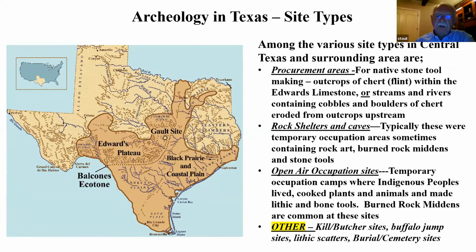Now, we do have a very famous burial and cemetery site here in Kerr County. I can't think of the name right now, but it's in northern Kerr County. It was evaluated by the University of Texas back in the 70s. They found the remains of 63 individuals in it, and that wasn't all that was in it.